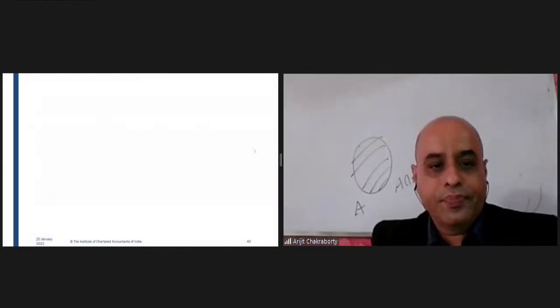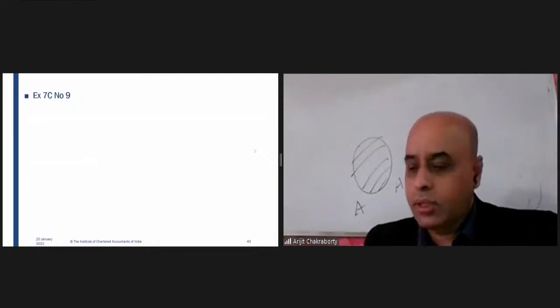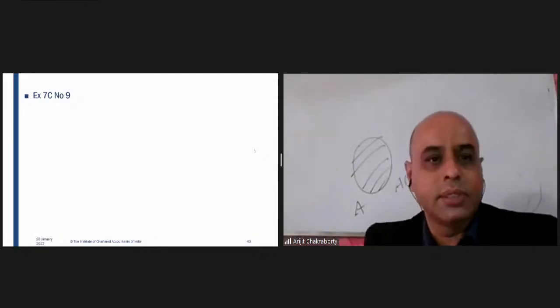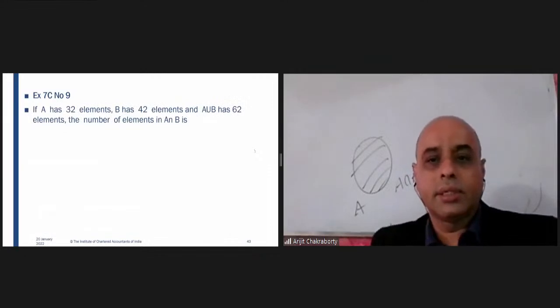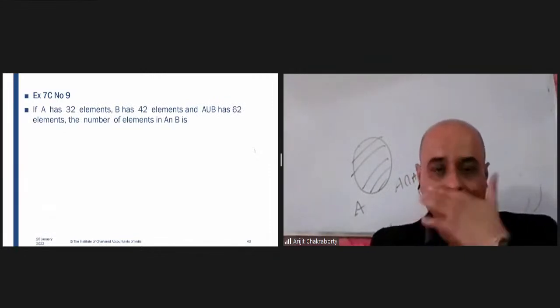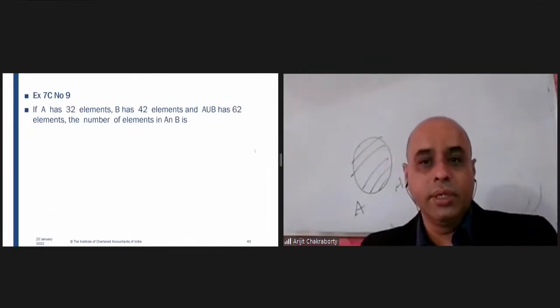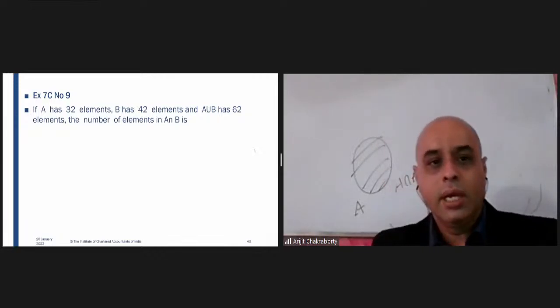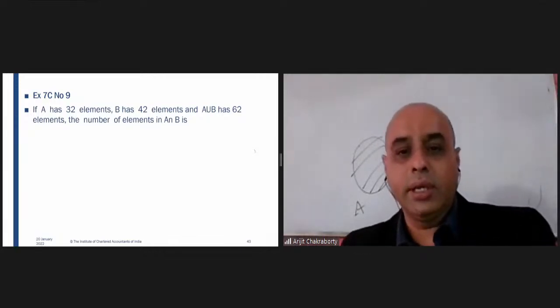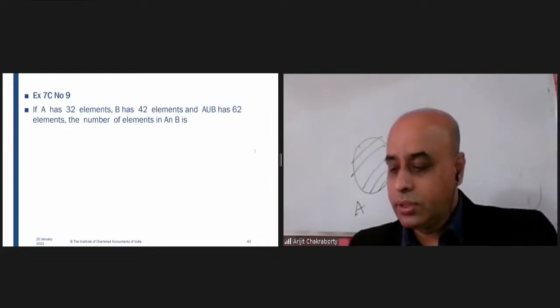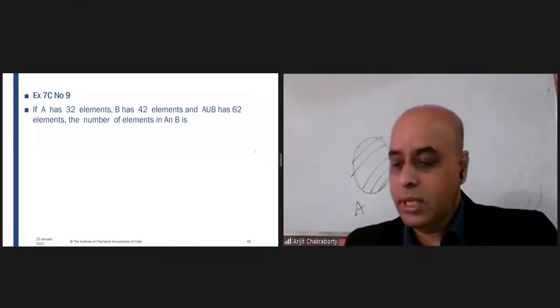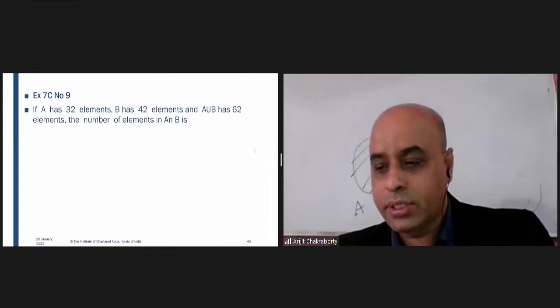Now we are going to exercise 7C, number 9. A has 32 elements, B has 42 elements, A union B has 62 elements. How many elements are there in A intersection B? So we are trying to do this. Yes, A union A is A. Shiva, correct. A intersection A is also A. Many of you have got it.